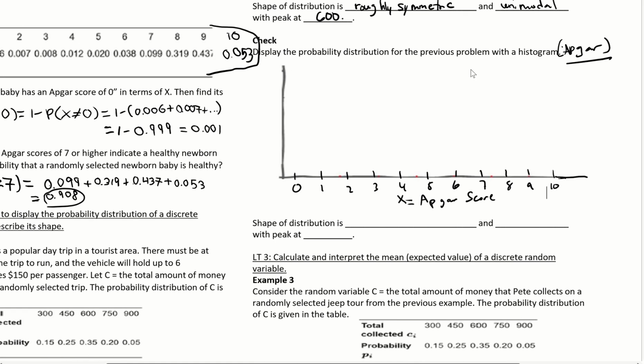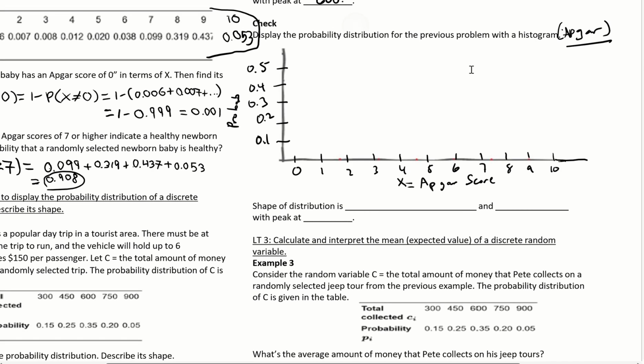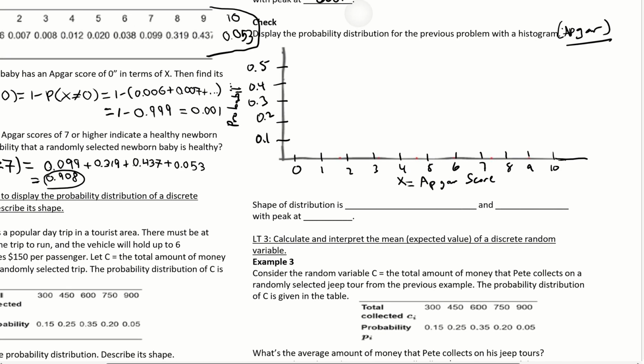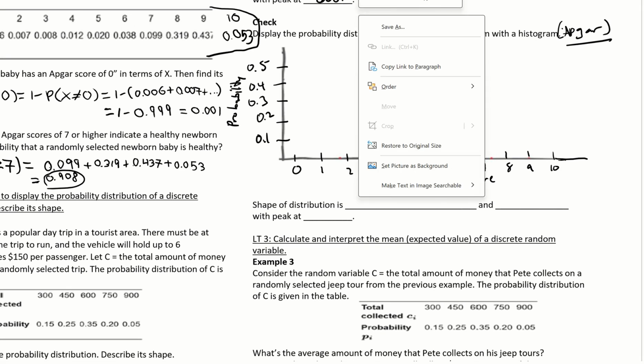So I'll just go up to like 0.5 or something like that. Okay. You could do this. You don't have to do it this way. This is just one of the ways. And I'm just scaling it by 0.1. But if you have a different way to scale it, that's fine. Just make sure you label your axes.